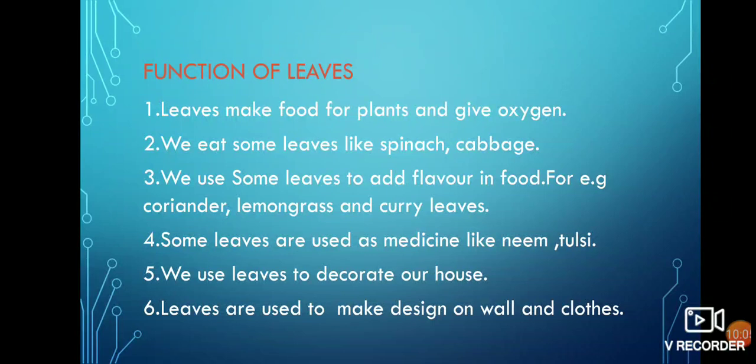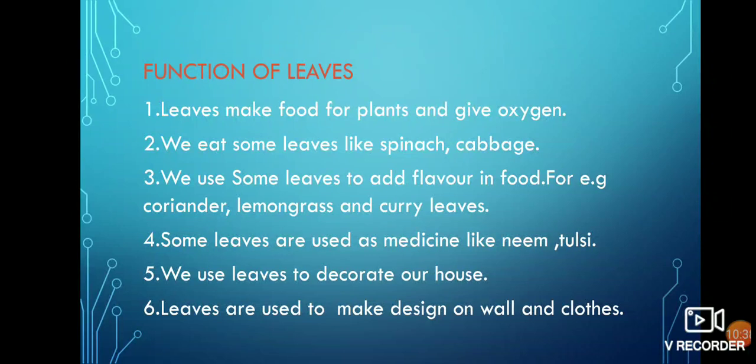You have seen when some puja is held in our home, we decorate our house with aam patta, mango leaves, kele ka patta, banana leaves. Have you seen? Yes. Leaves are also used to make different patterns on wall and clothes.